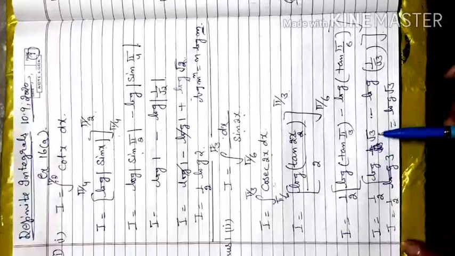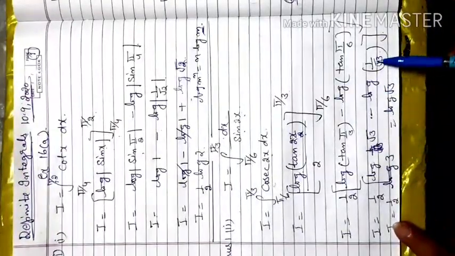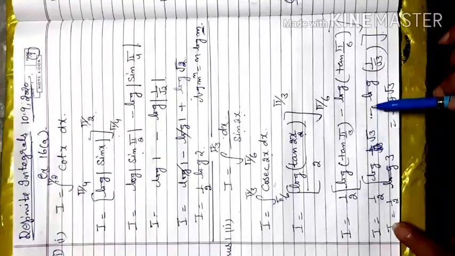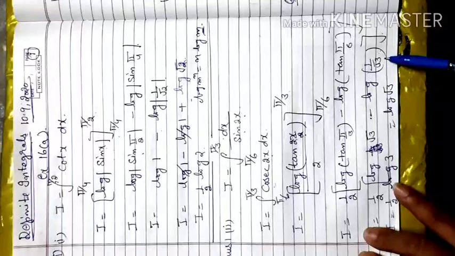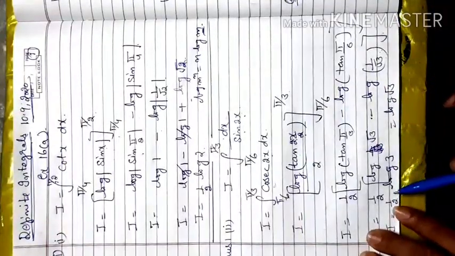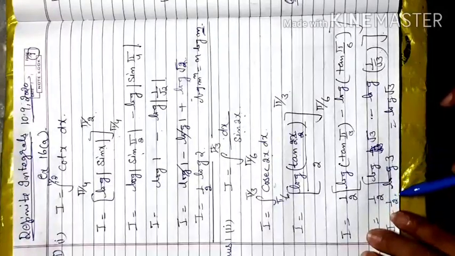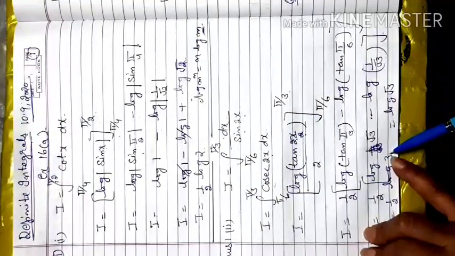So when you open this, it is log root 3 minus log 1 by root 3. I apply here the log m minus log n formula. So root 3 divided by 1 by root 3 shifts upward, so that becomes log 3. So here 1 by 2 log 3, and according to the log rule this 1 by 2 shifts to the power of 3, that becomes root 3.